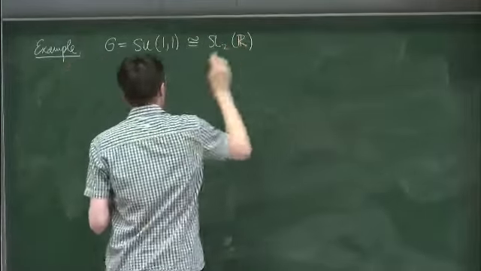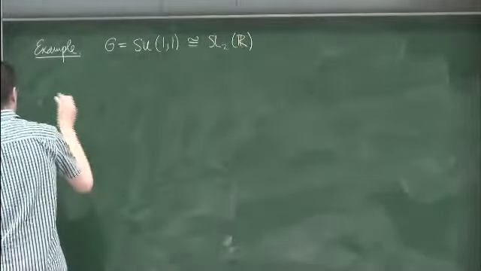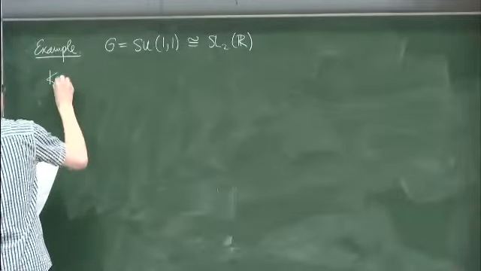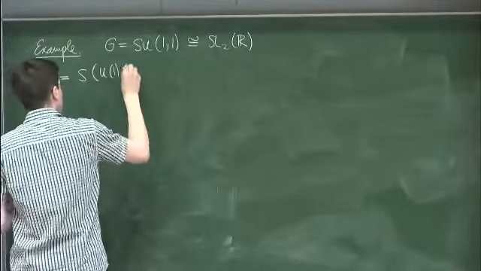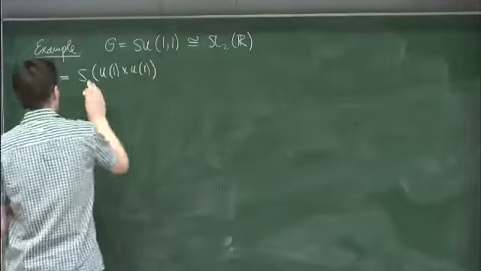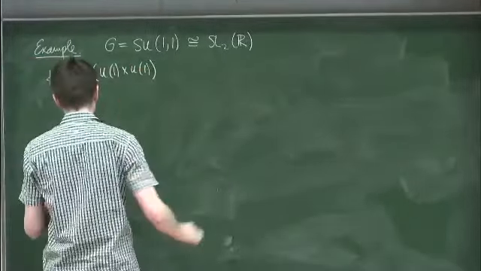So it's the easiest possible example. In this case, the maximal compact subgroup consists of U(1) cross U(1), and S of this, which means determinant 1.